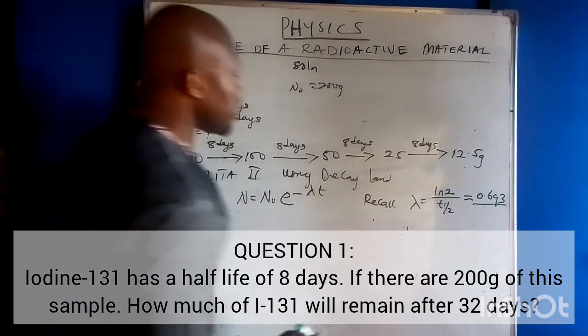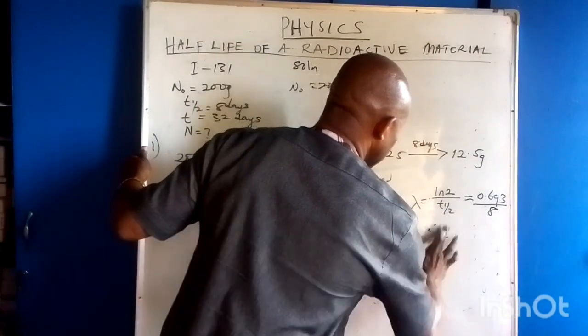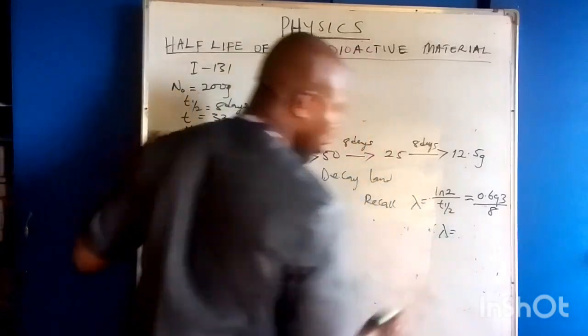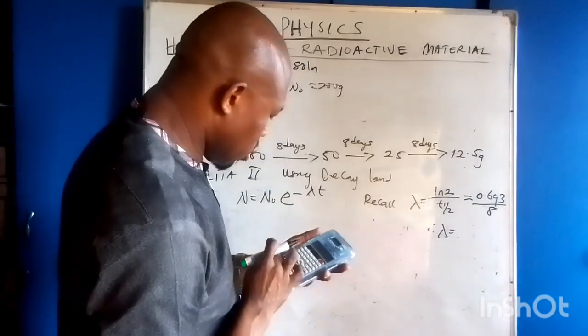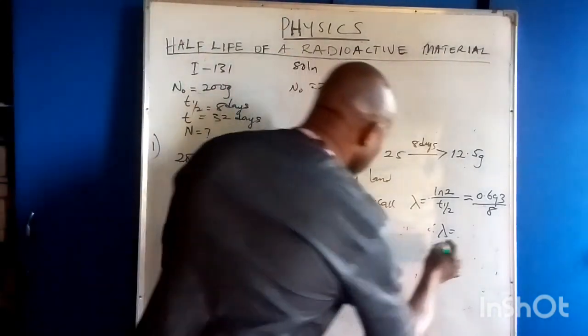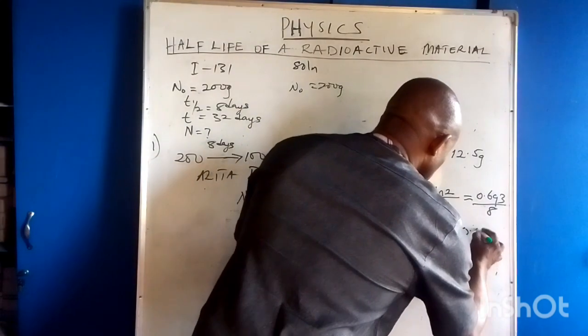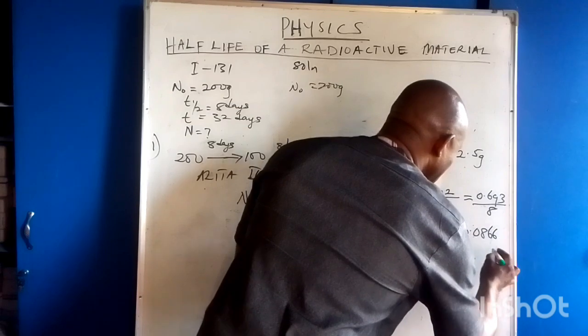Half-life is 8 days. Therefore, the decay constant is 0.693 divided by 8, which gives us 0.0866 per day.